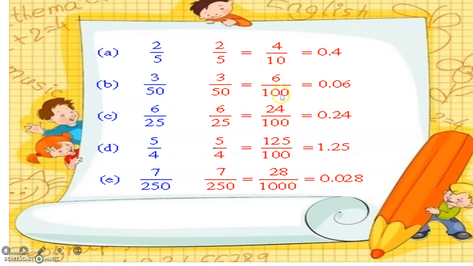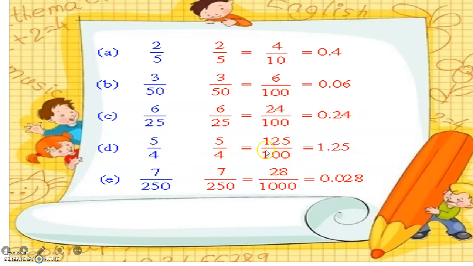So 6 over 100, which has 2 decimal places, is 0.06. 6 over 25: to make 100, multiply by 4. 6 times 4 equals 24, and 25 times 4 equals 100. So 0.24, with 2 decimal places.